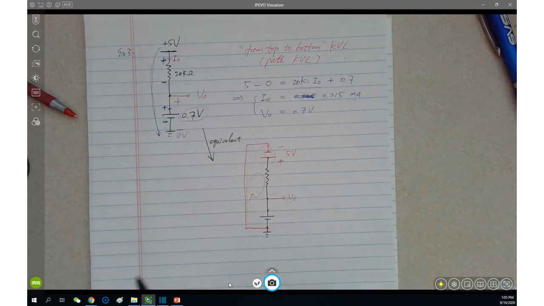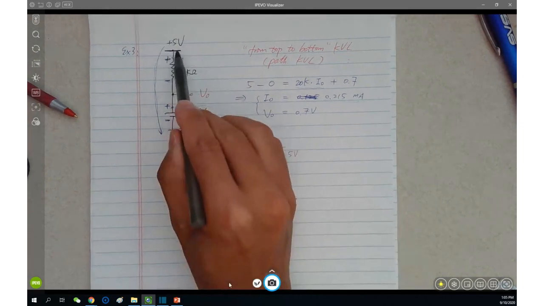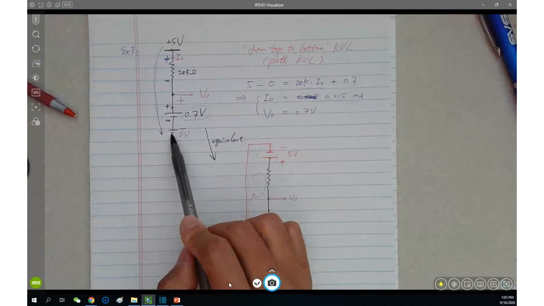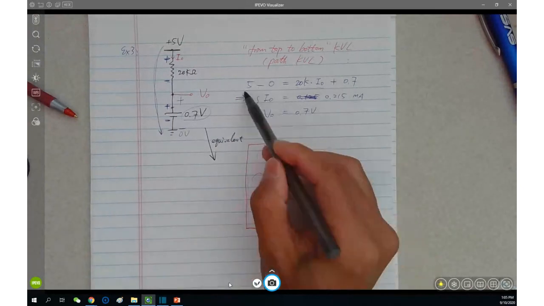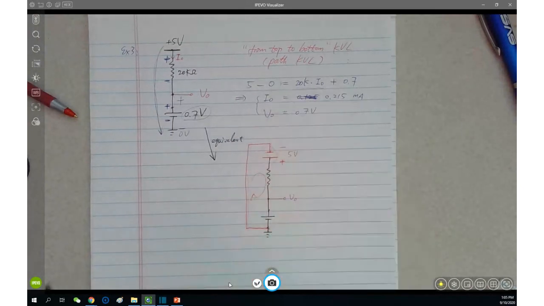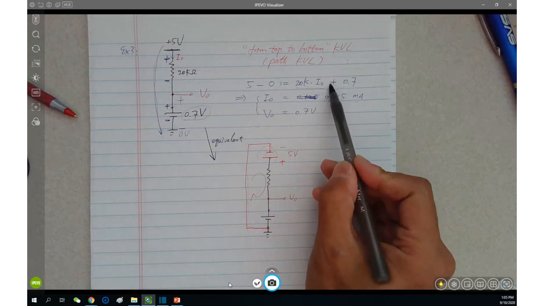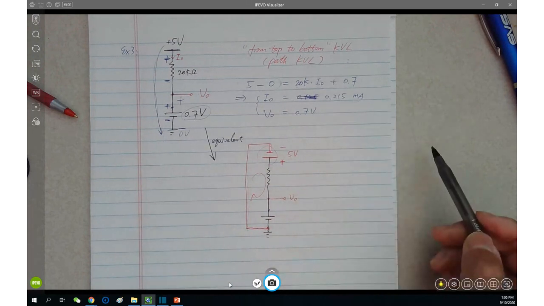What it means is from the top voltage, which is 5 volts, to the bottom voltage, 0 volts, the total voltage drop through this path is easily 5 minus 0, 5 volts, and equals the summation among all of the component voltages.